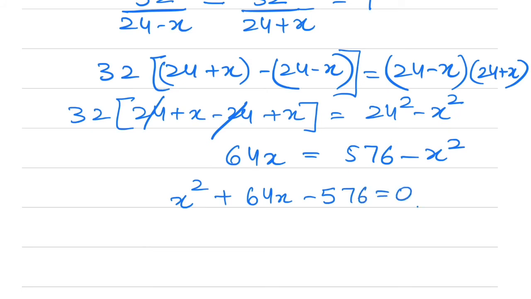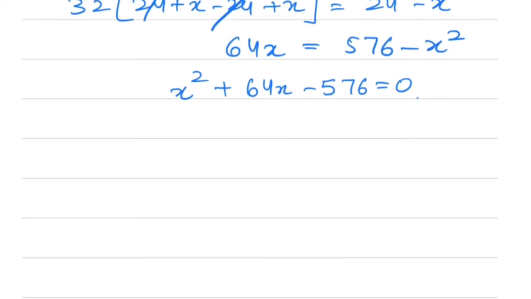Now we have to factorize this equation, so for that we need to find two numbers such that the sum is equal to 64 and the product is equal to minus 576.